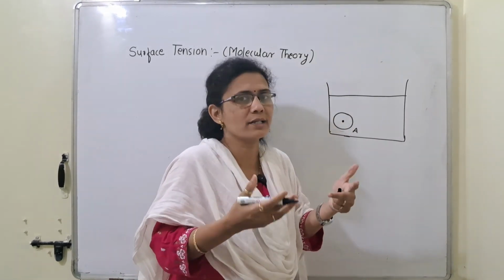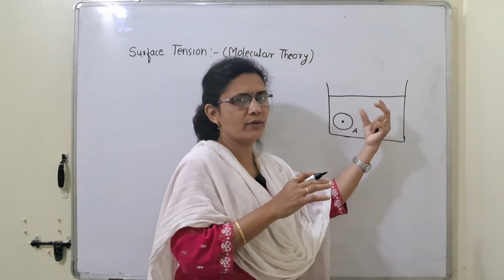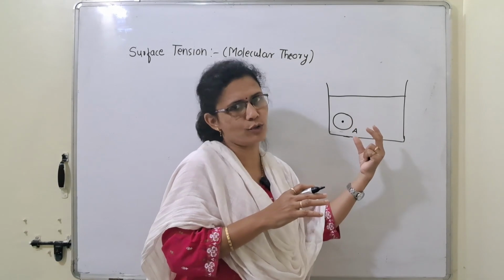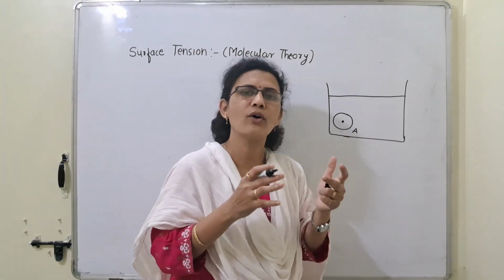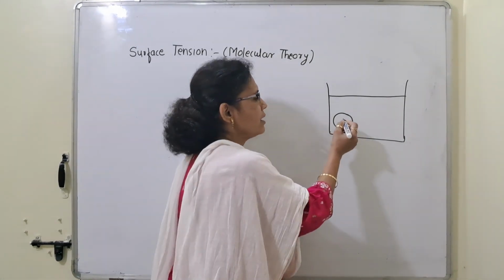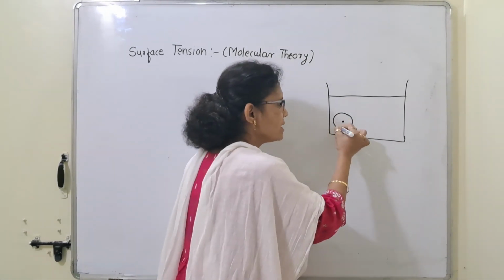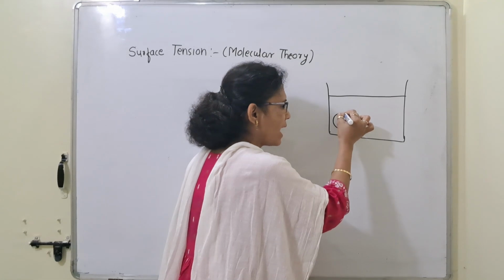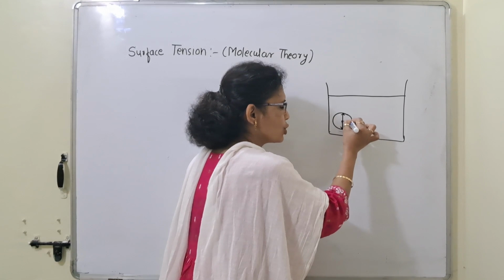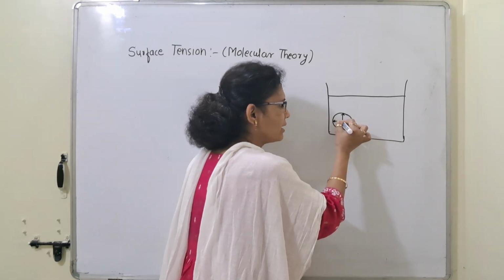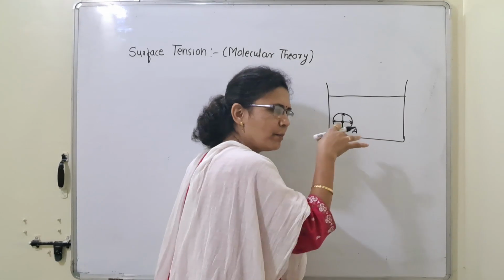If we have to understand this, you can consider this is water and we are considering the molecules of water, or simply you can say we are going to consider one fluid or liquid and A is one molecule of that liquid. This sphere is the sphere of influence, and these arrows are showing the force acting on this molecule by the other molecules of the same liquid.